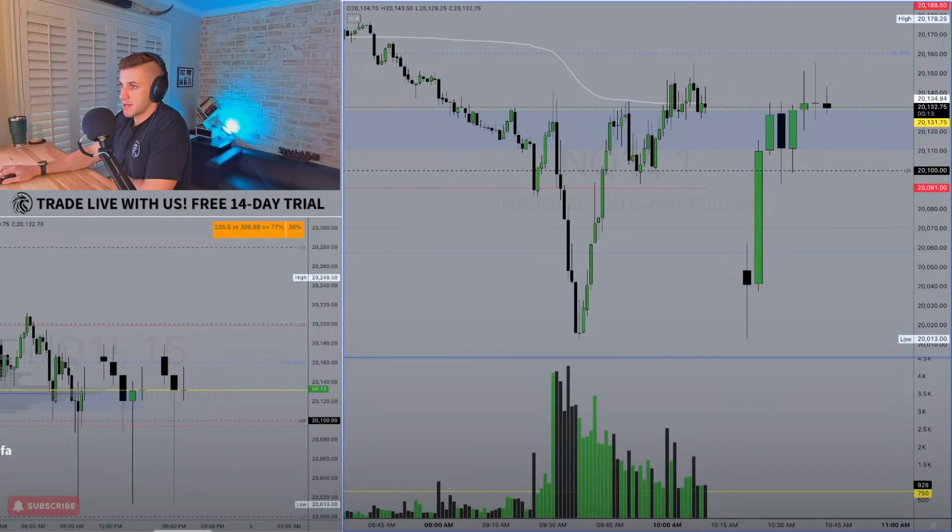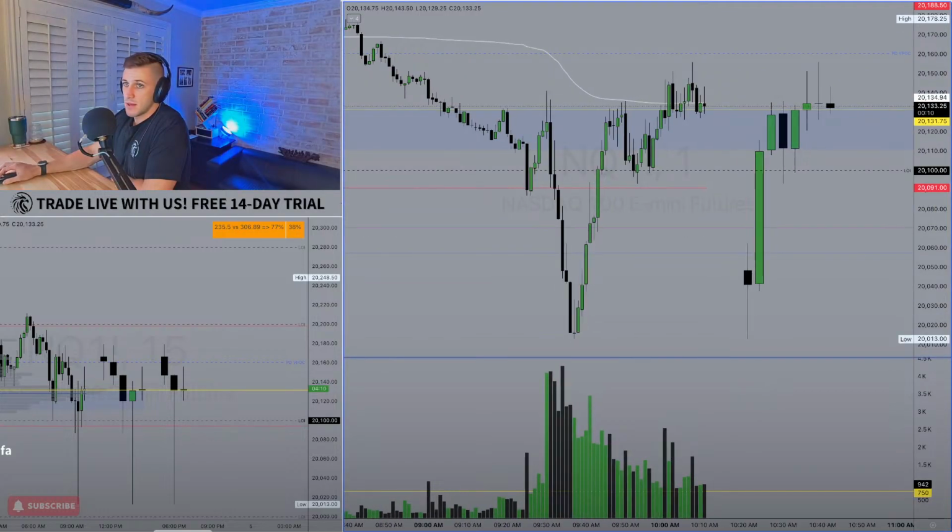Volume just barely holding that minimum threshold for NQ.